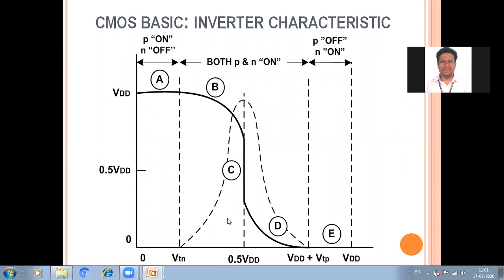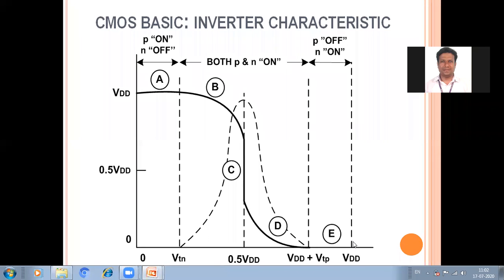Here we will understand the input-output transfer curves. We get five regions, that is, the operation of the CMOS inverter is divided into five regions: region A, region B, region C, region D, and region E.